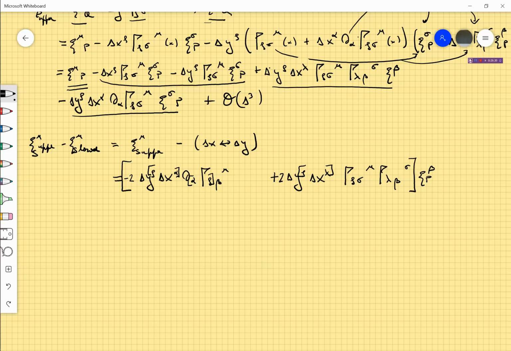Then just by convention, I am going to write this as minus delta x alpha delta y rho 2 times, okay, so this corresponds to the first term. I have done nothing, this is exactly the same.